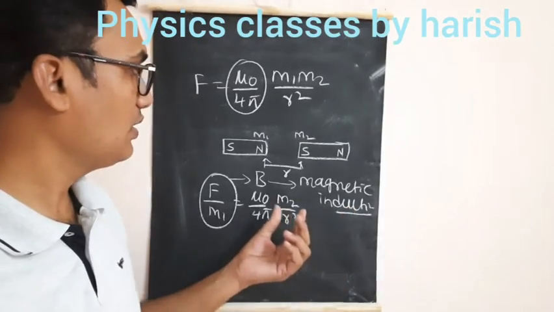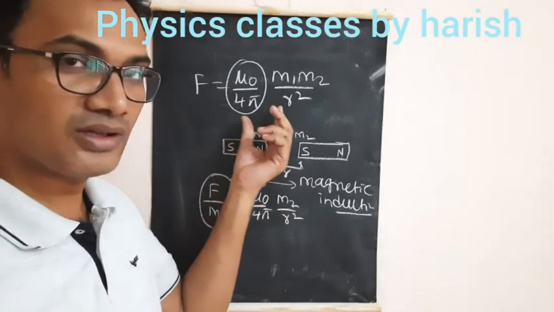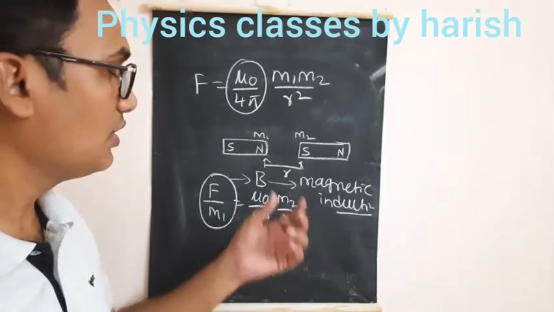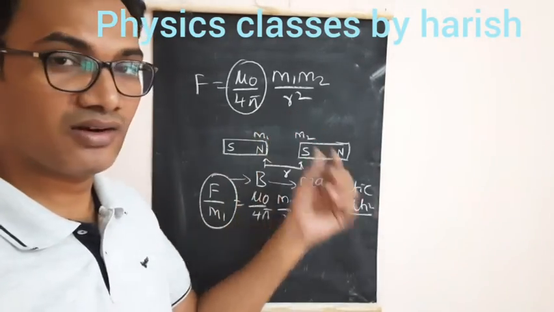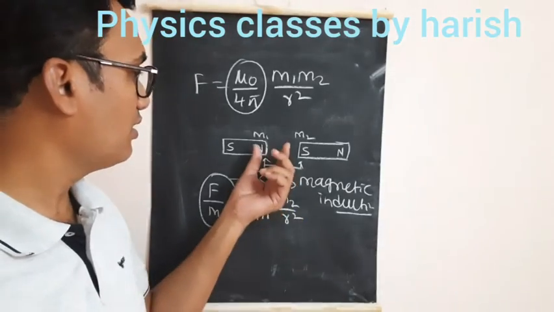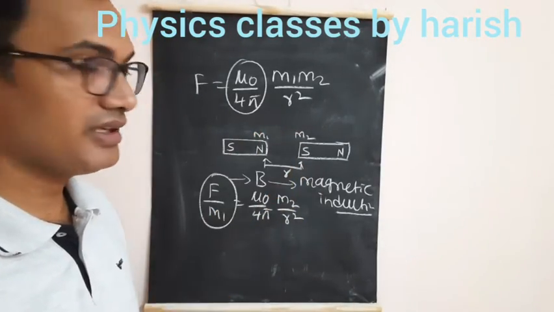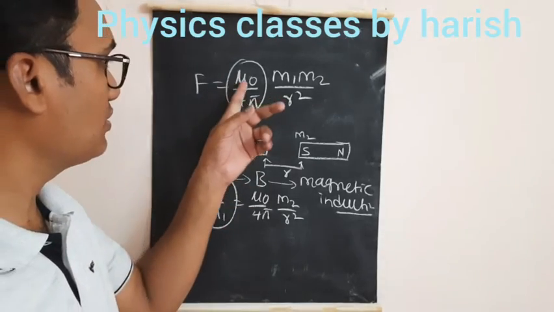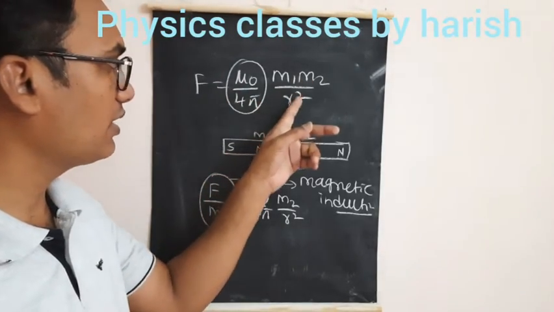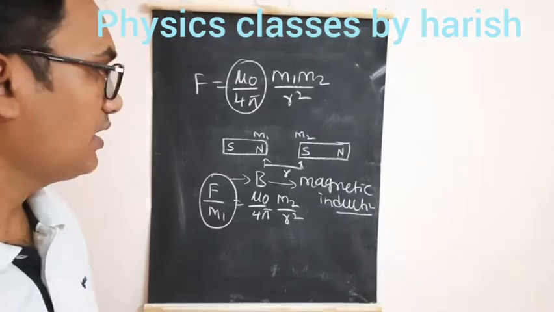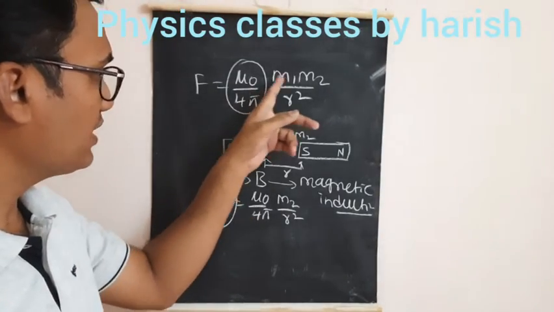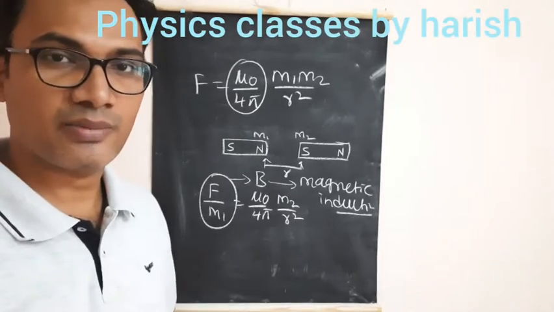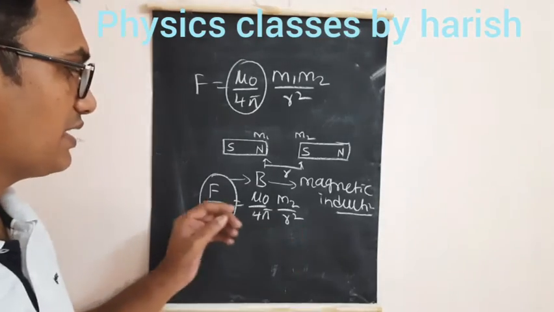According to Coulomb's inverse square law, the magnetic force between the poles of the given bar magnets is F equal to mu naught divided by 4 pi into m1 m2 divided by r square. The force experienced by the unit north pole is the magnetic induction or magnetic field strength.